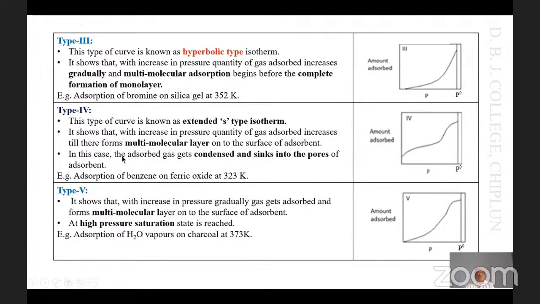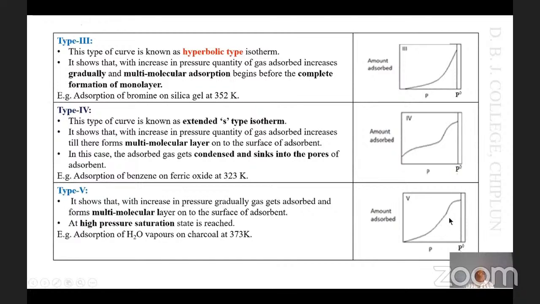In this case, the adsorbed gas gets condensed and sinks into the pores of the adsorbent. The example of this kind of system is adsorption of benzene onto the surface of ferric oxide at 323 Kelvin. Now, the last adsorption isotherm is the type 5 isotherm.